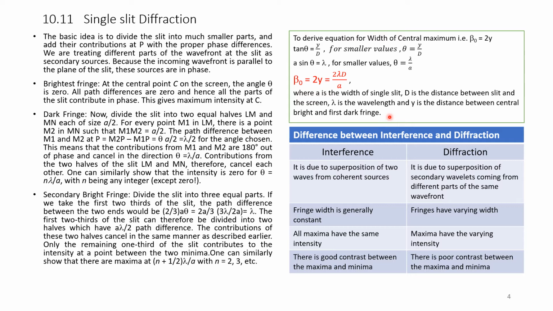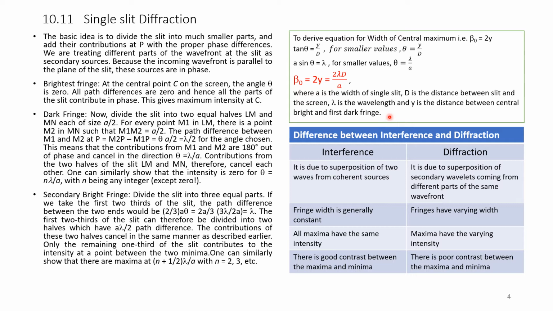Now, let us find out the difference between interference and diffraction. In section 10a, we studied interference, and in this section, 10b, we have just studied diffraction. Let us tabulate the difference between the two phenomena.